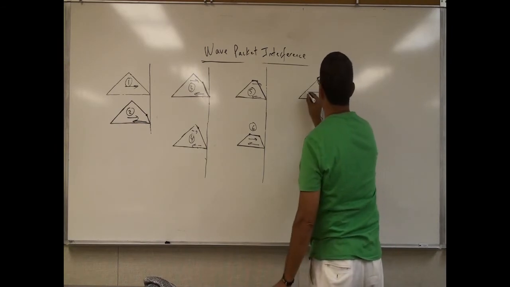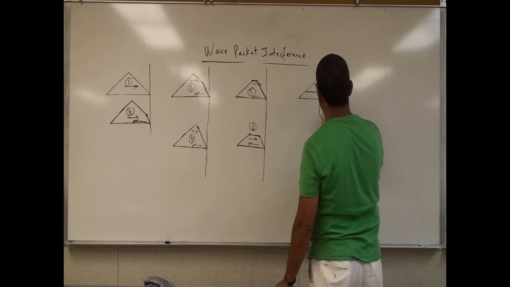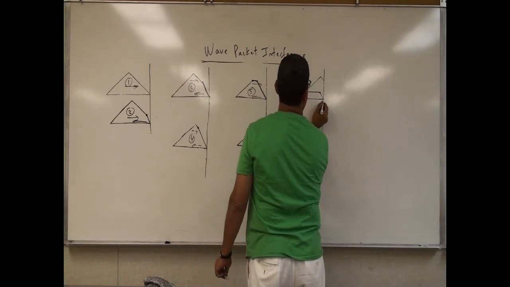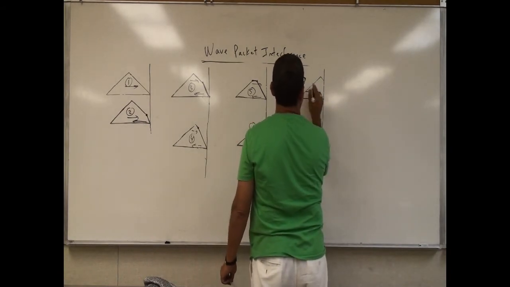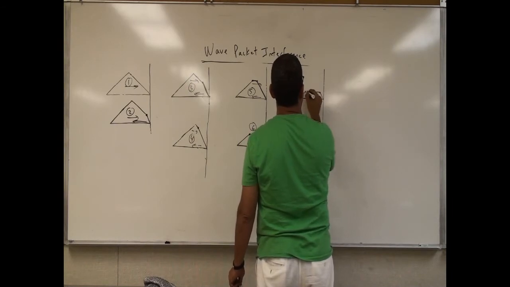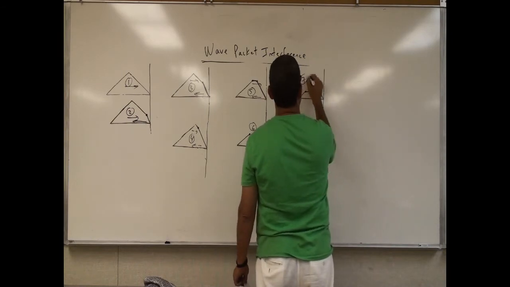So this piece cancels that piece, and then by the time you get to the end, it gets 0. So then you can erase this. Goes like that. Okay, so we can call this one number 7.